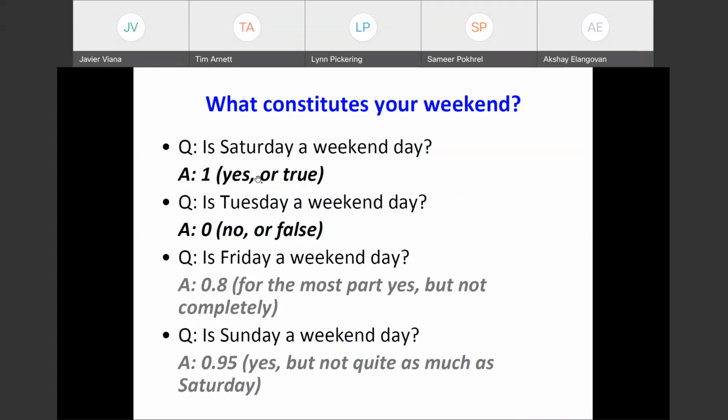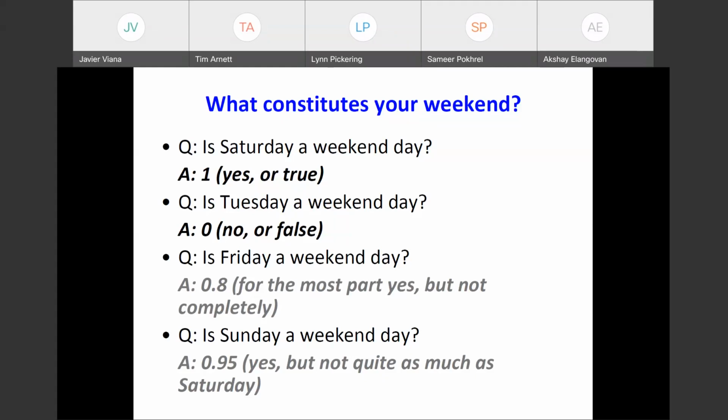I think everybody would agree that Saturday is completely a weekend day. So we can just say that yes, it's unequivocal, it's true. Yes, that is a weekend day. And if you think about Tuesday and you wanted to say, is that a weekend day? Obviously, no. It's surrounded by weekdays. It's completely not a weekend day.